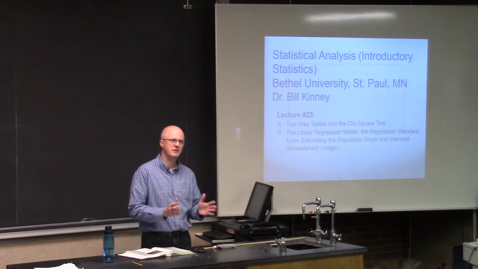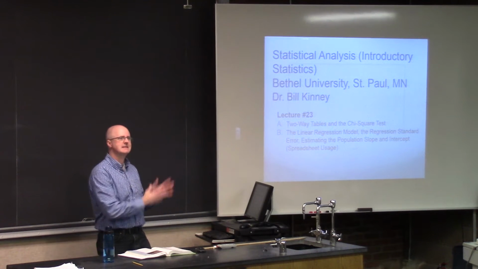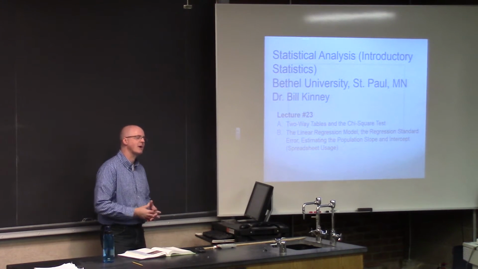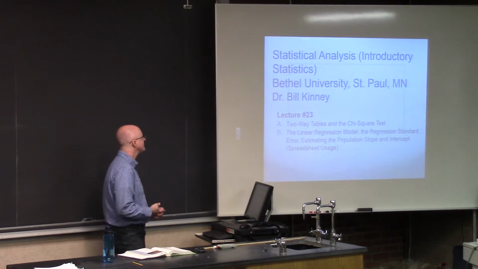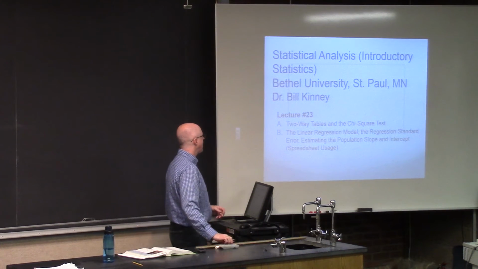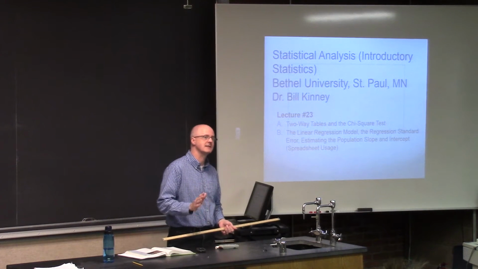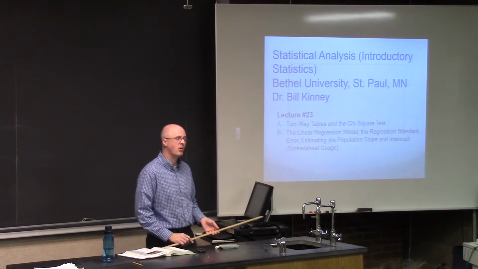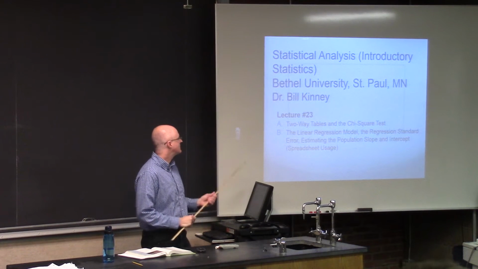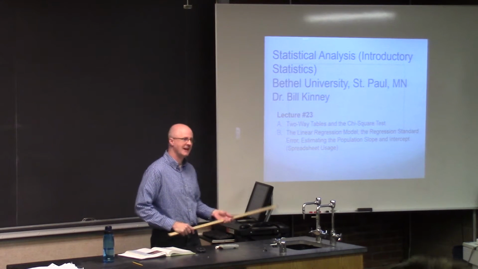You may prefer just focusing on what I say and seeing not the spreadsheet, but the PowerPoint and downloading that out of class. Lecture 23A, we're going to focus on something in Chapter 9, which was not originally on the syllabus, but I decided it was important enough to cover: two-way tables and the chi-squared test.